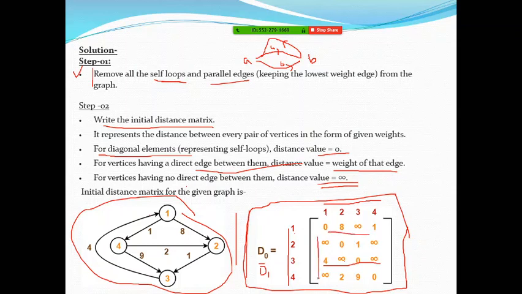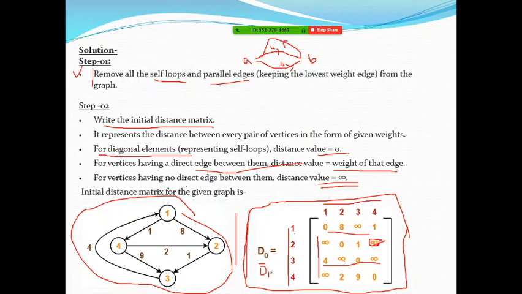The change is like this, 2 4. In 2 4, this term is infinity. What is the meaning of this infinity? There is no direct edge from 2 to 4. D1 searches for the possibility that there exists a path from 2 to 4 via 1. If you can take advantage of 1, you can modify this value.